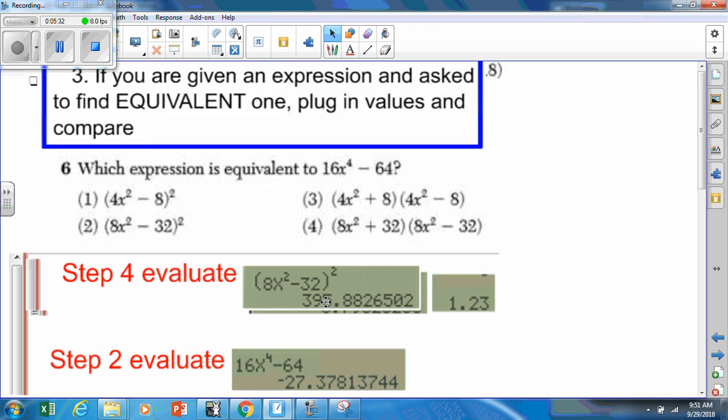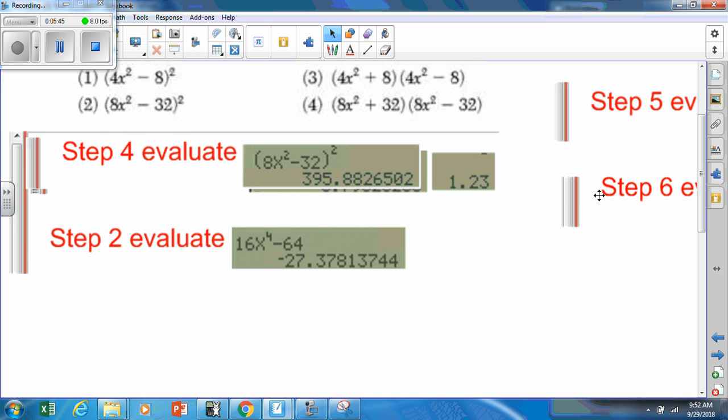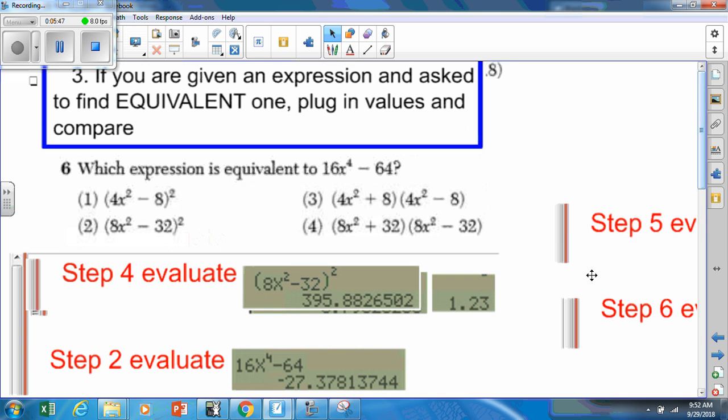This is a no frills approach, but it returns the correct value 100% of the time. So here we are, evaluating the third option, and we see the third option matches the original.